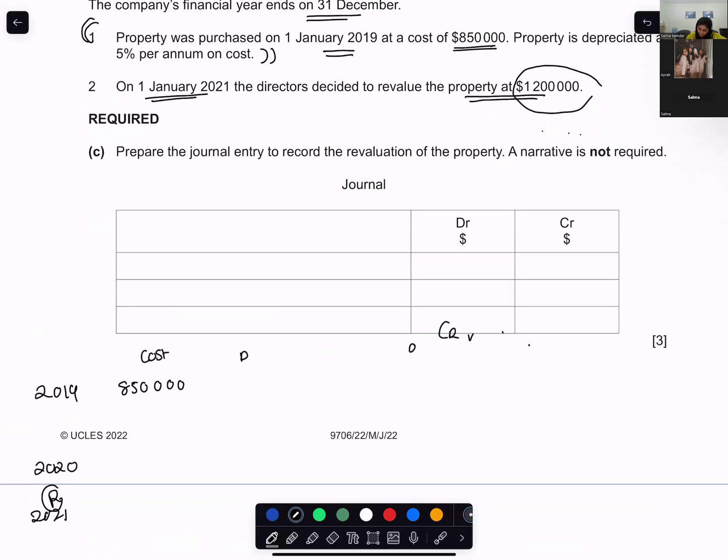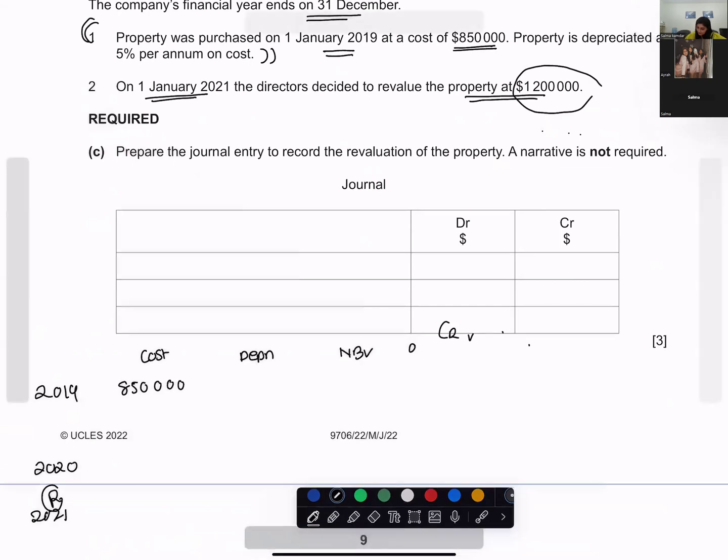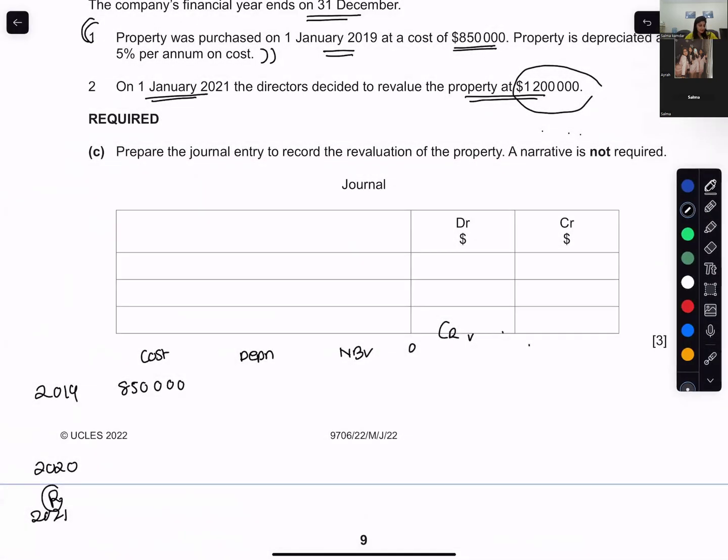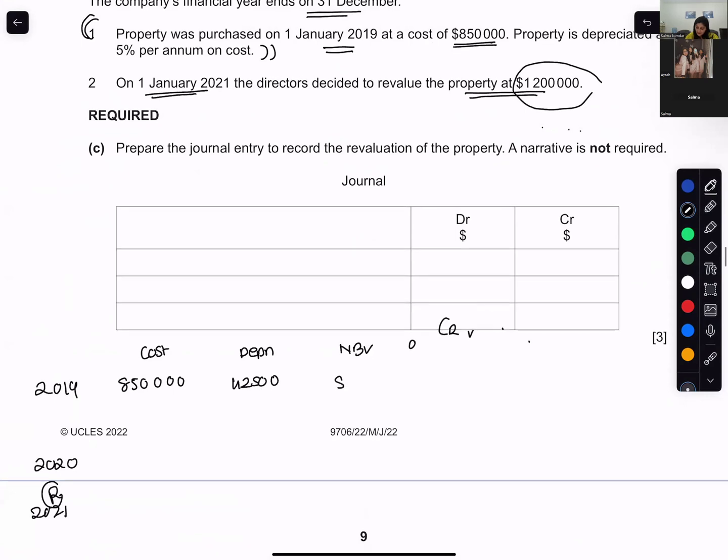It is 5% per annum on cost, 850,000, so 42,500. So this becomes 807,500. Now in 2020, it again is 807,500.